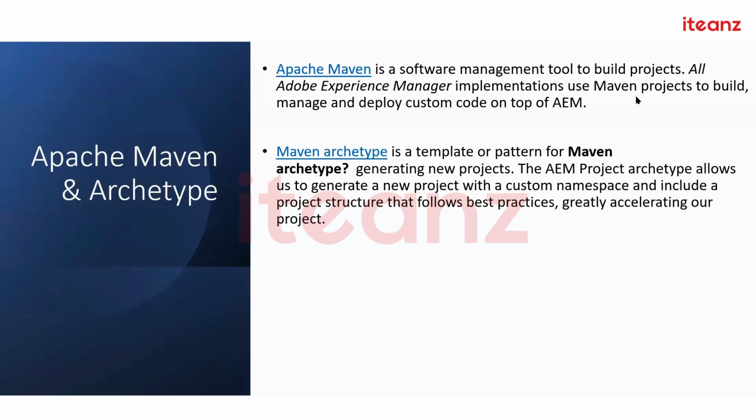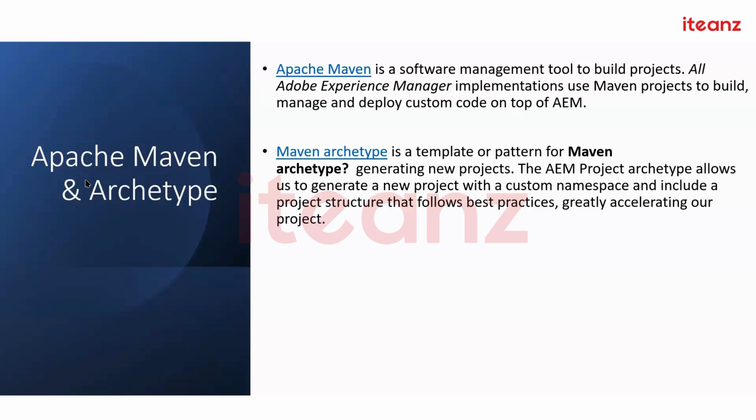It is the only tool which helps us build, manage, and deploy our code on the instances. Whatever application we are creating is a Maven-based application, and this is the tool we use to build our code and deploy it to our instances.